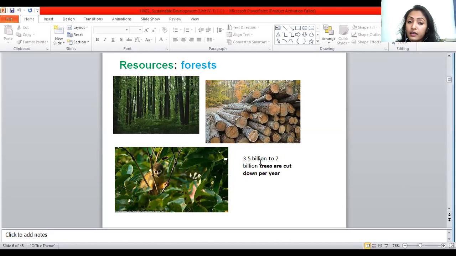And seriously, this is a matter of great concern. We know the importance of trees in our life. Just to satisfy our luxurious life, we are cutting down so many trees. Not only one country is responsible, but the whole globe, the whole earth is responsible. Different countries are responsible for this tree cutting process.